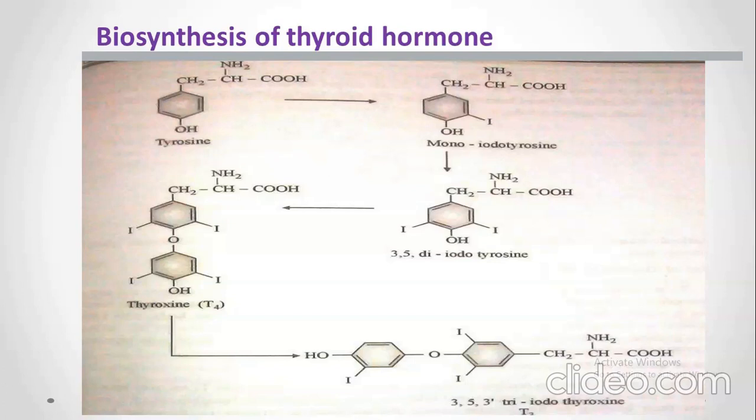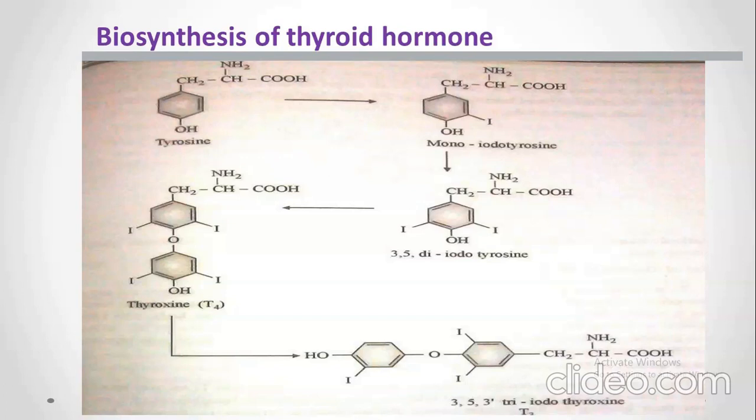T3 and T4 are transported through the bloodstream on thyroxine binding globulin and thyroxine binding prealbumin. So this is the biosynthesis of the thyroid hormone.